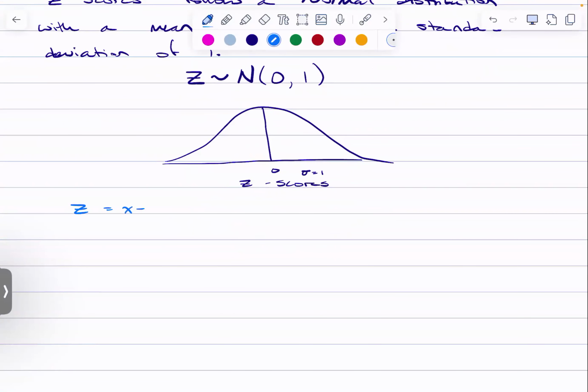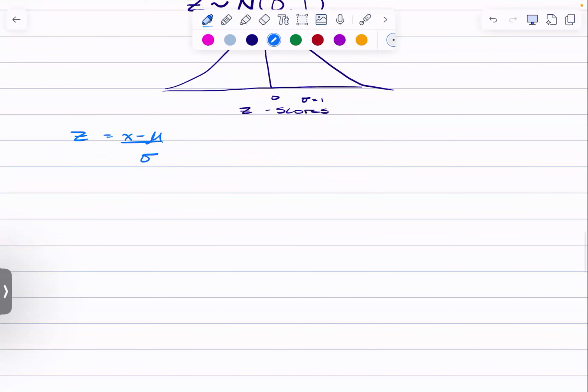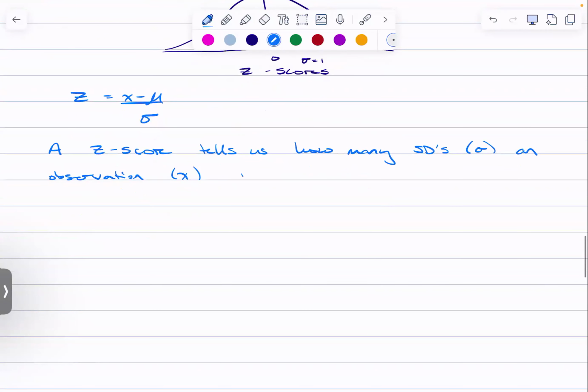Z equals x minus mu over sigma. A Z score tells us how many standard deviations, so sigma, an observation X is from the mean, which is your mu.